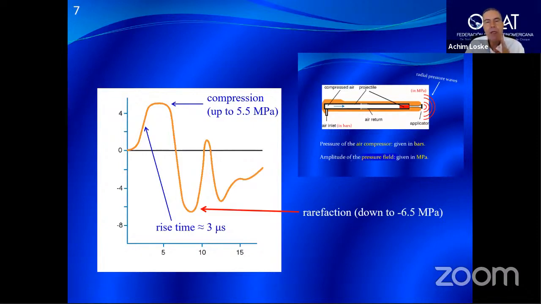And one thing is the pressure on the air compressor. If you use a pneumatic radial pressure device, it is normally given in bar. And another very different thing is the amplitude of the pressure field emitted by this device. So this is one of the important concepts.